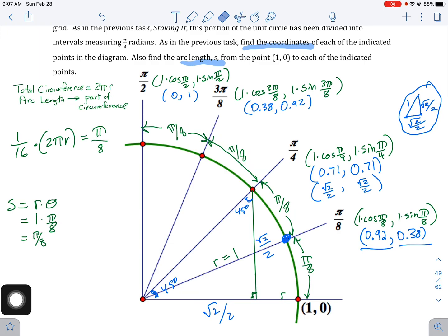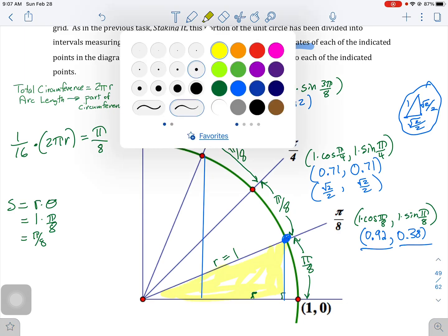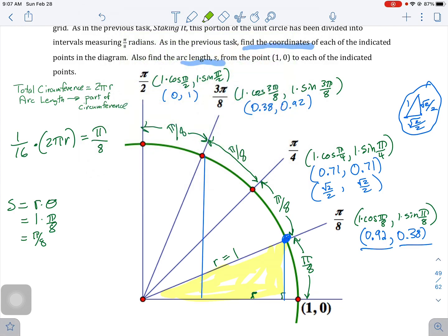Now, there's some others that we don't have to redo these calculations for because of the symmetry on these triangles. So let me show you what I mean by that. We got 3 pi over 8. If I set this triangle up and I compare it to this triangle, notice that these two triangles, this yellow triangle right here at pi over 8, and this other triangle here at 3 pi over 8, notice that those right triangles are the same.